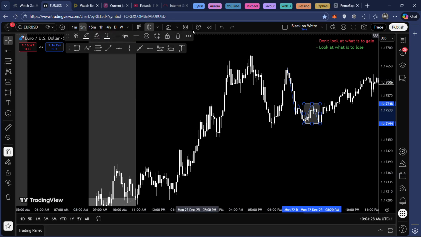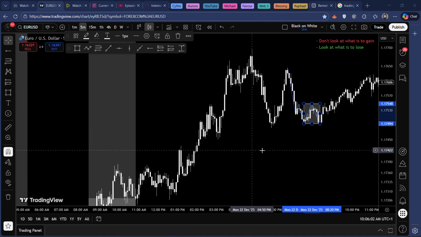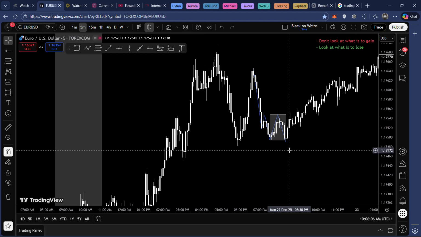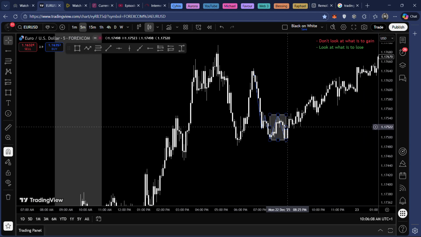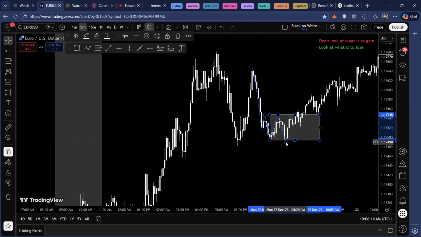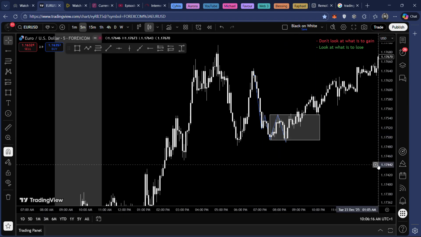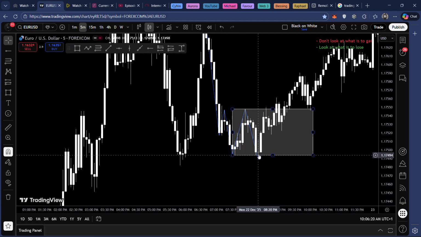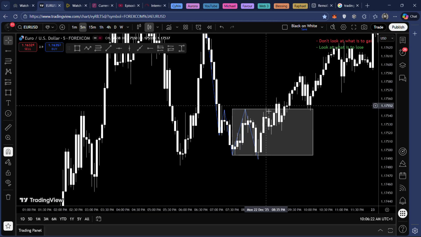So this is our order block here. We are looking for a straight move to invalidate it. Now look at the straight move. It crashed here. Let me zoom in. It crashed here, then it invalidated it with a straight move.